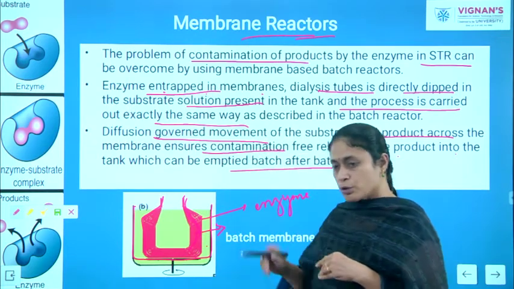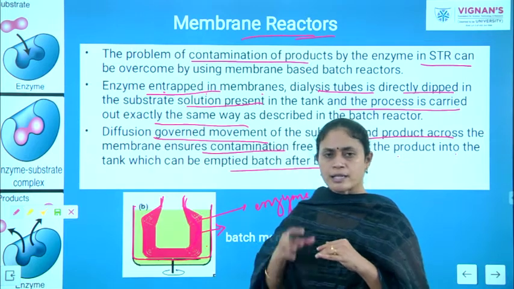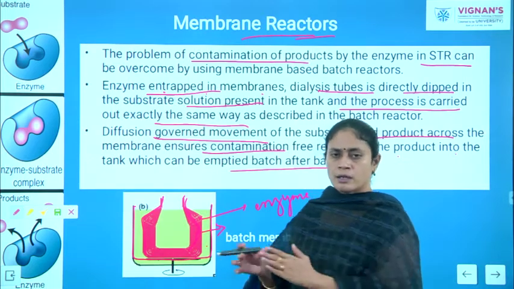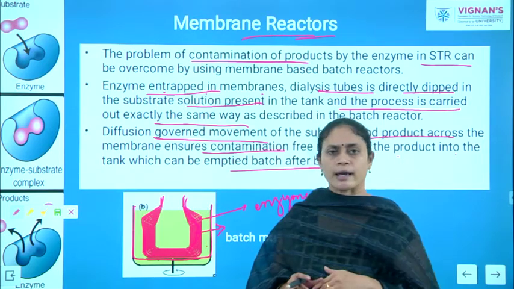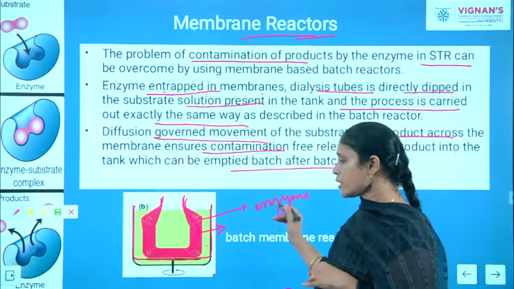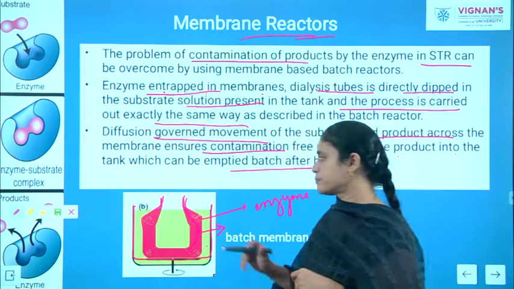So ultimately, you can get your final product inside the tank, and after a certain period, you can separate the entire product from your tank. In this way, you can reduce the problem of product contamination.